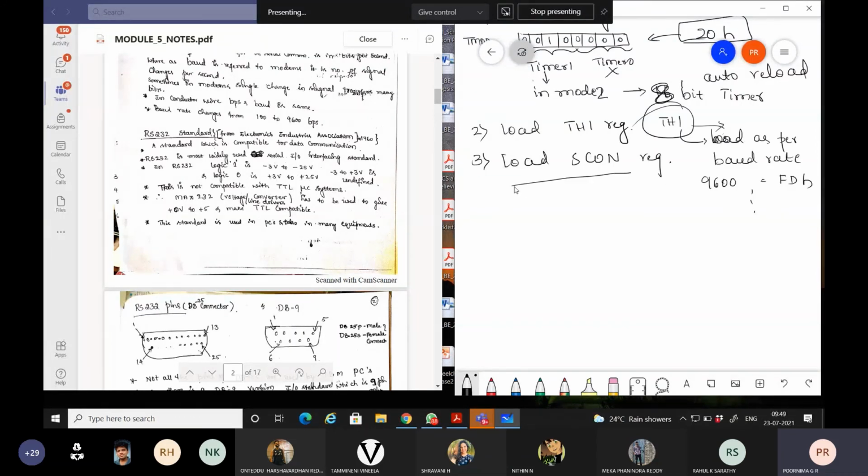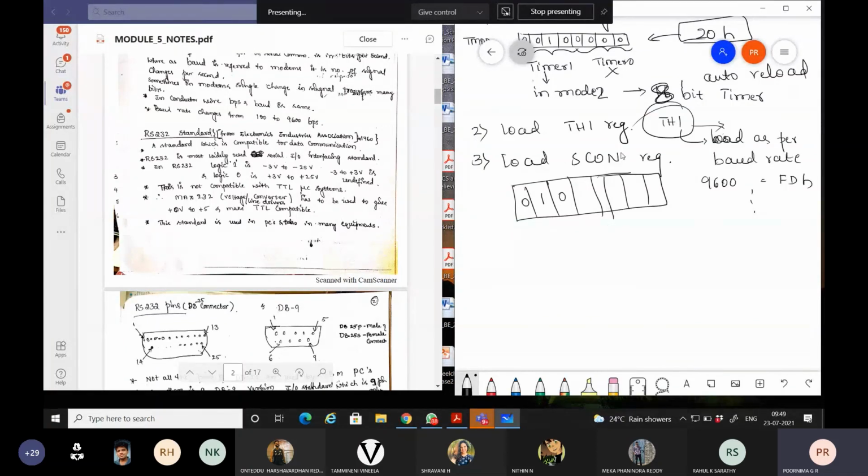SM0, SM1 should be mode 1, so 01. SM2 should be 0. REN is receive enable.